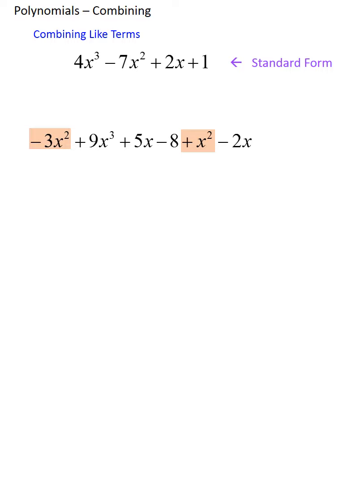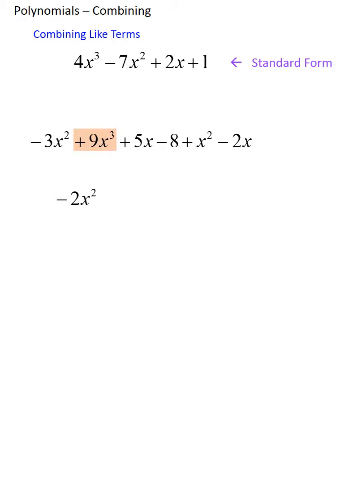And when you combine the -3 and the 1, you get -2. And therefore, these two terms combine to make -2x squared. Notice that we combined the coefficients, but did not change the degree of the monomials. In other words, we added two second-degree monomials together and we got a second-degree monomial.